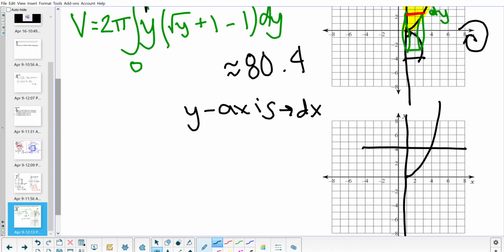I'm going to highlight the region again. But if we're going to rotate this around the y-axis, this time shells are parallel, so my reference rectangle is going to look like that. Reflecting the region.